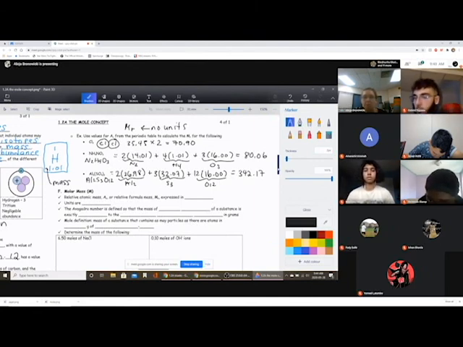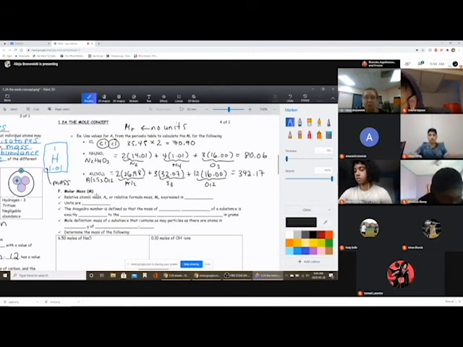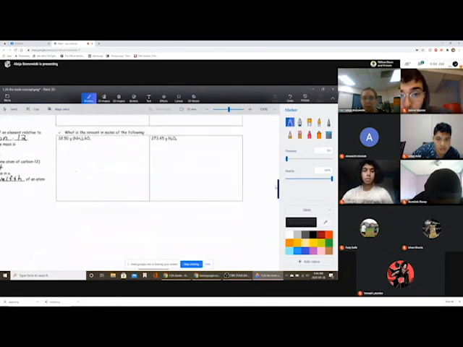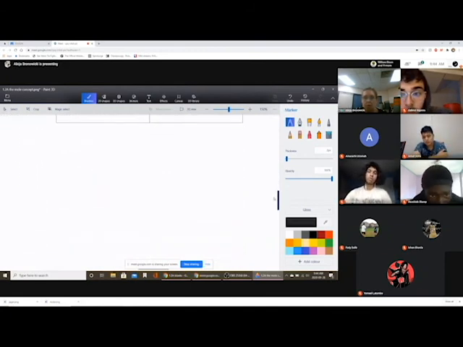So let's talk about the big idea here, and that's the idea of molar mass. That's the idea that I really want you to understand because you use this a lot. Okay, so molar mass, and I am going to scroll way down and just talk about molar mass in the blank space here.